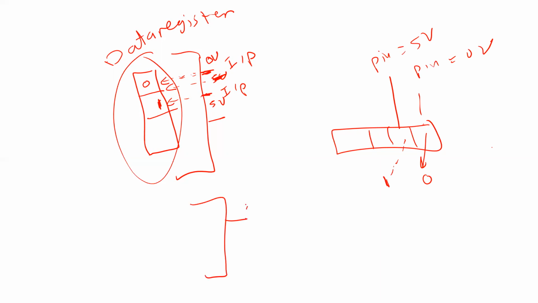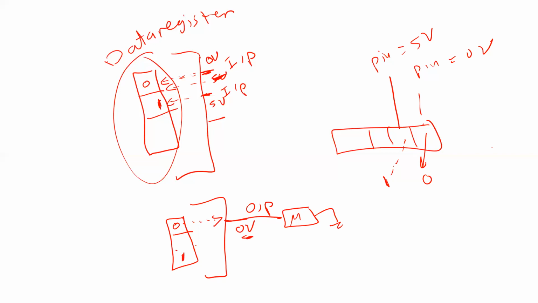Same thing for output. If you have output here, and we have a register here, and this output is connected to some circuit, a motor or whatever, connected to something. Same thing here, guys. If I put logic 0 here, there should be 0 volt on the pin.